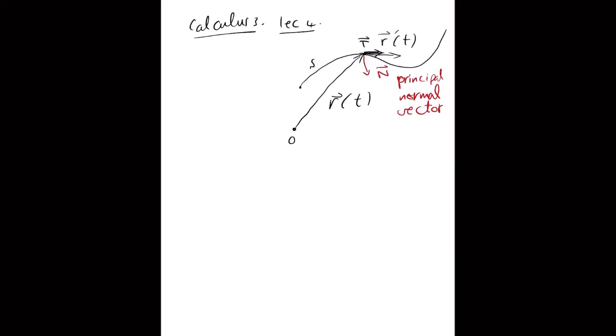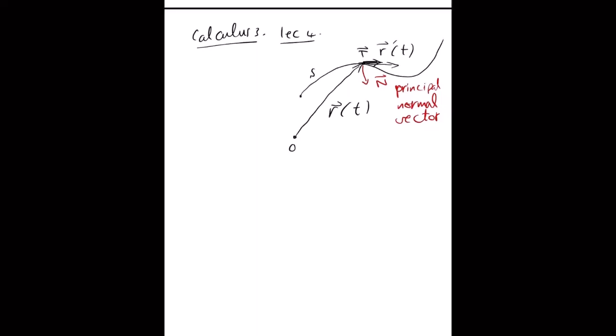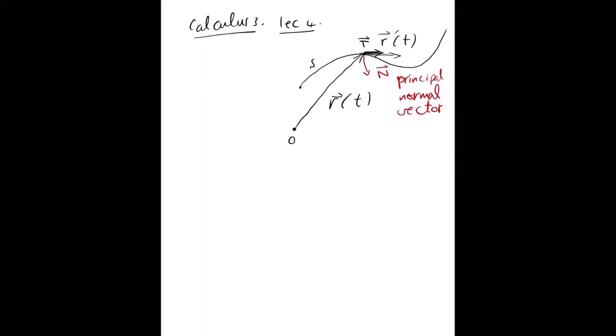N is defined as follows. It is the derivative of T. So the derivative of T is normal to T. Why is that? Because T is a constant vector, very similar to the one we studied last lecture when r was of constant magnitude. So this is the definition.